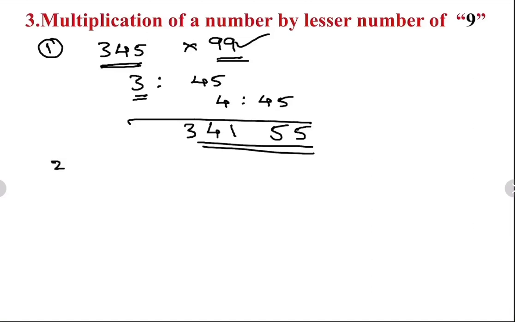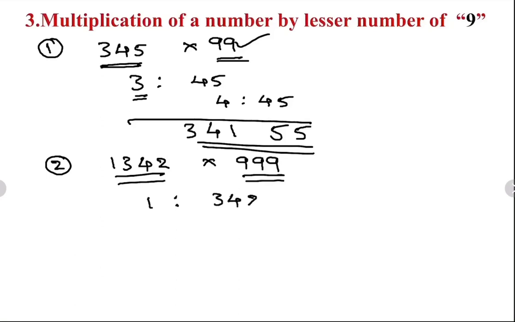Number 2. If 1342 is multiplied with 999, here 4 digits are there, here 3 digits are there. So 1 is to 342. Divide the number in such a way that the right hand part should have 3 digits.